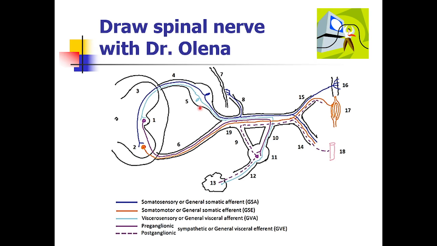Does it make sense? The general visceral afferents have their own cell bodies, but that interconnection is happening there in the dorsal root ganglion.